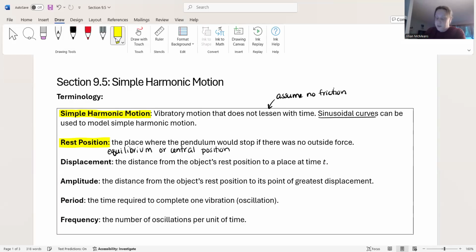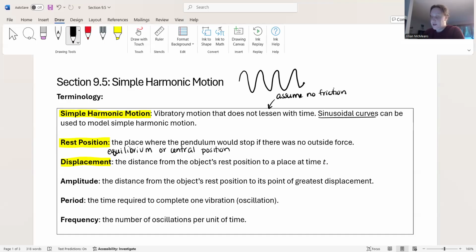Now, we talk about displacement, okay? So displacement is the distance from the object's rest position to a place at time t. We already know this is going to look like a sine or cosine wave. So imagine this is rest, and we start doing this. And we ask, what is the displacement at time 7 seconds?